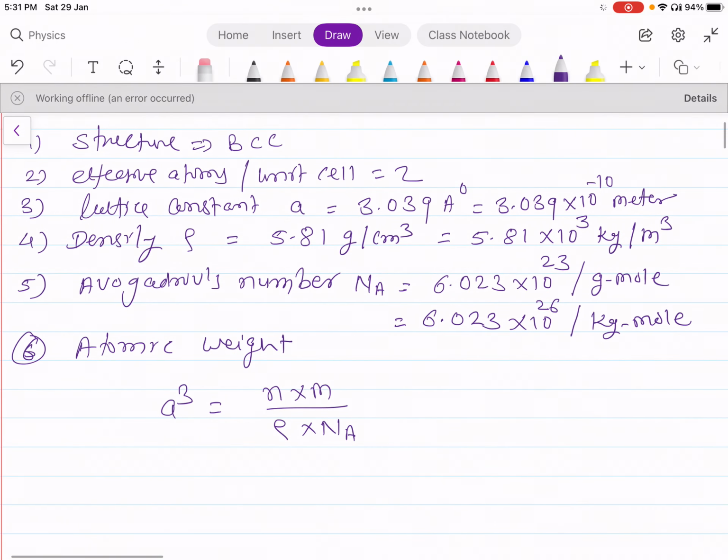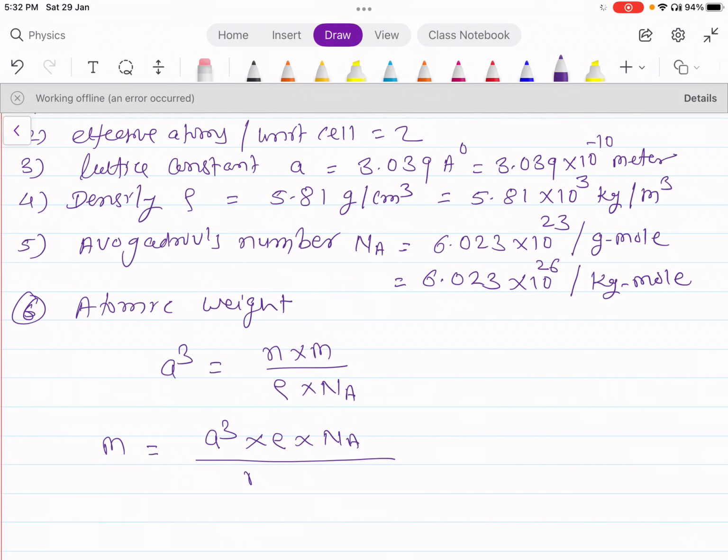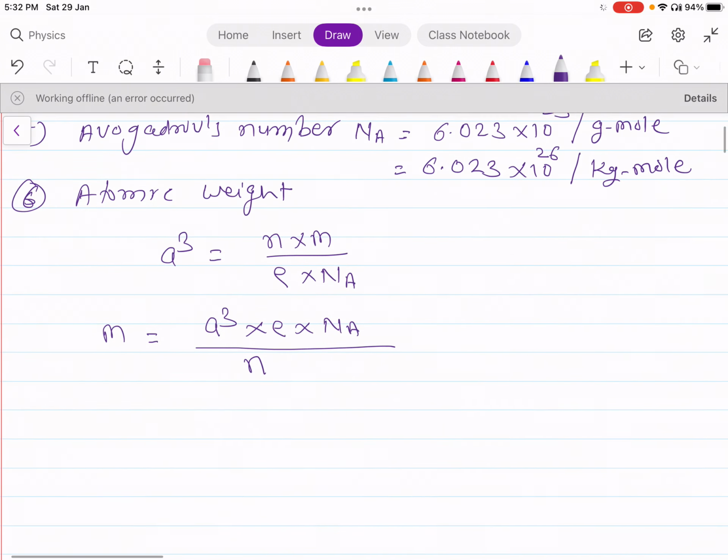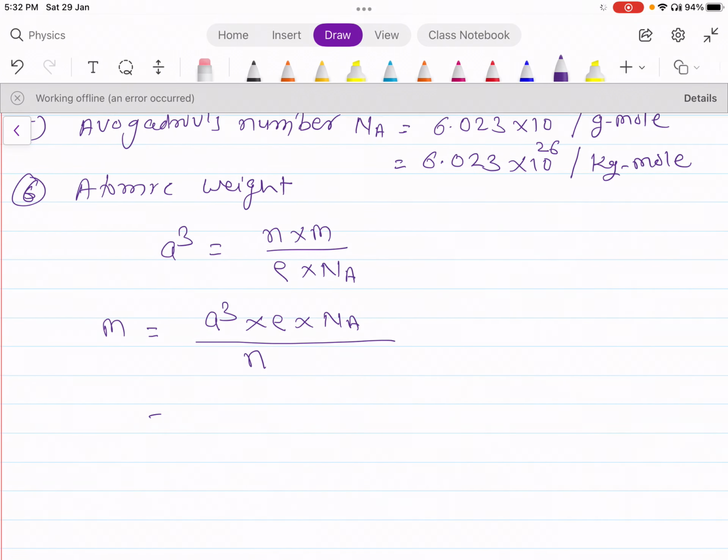We have to find the atomic weight, that is M. So M is equals to A cubed into rho into Avogadro's number divided by effective number of atoms per unit cell, that is N.